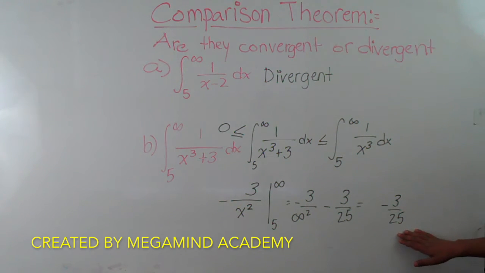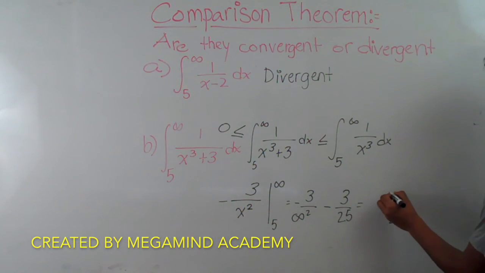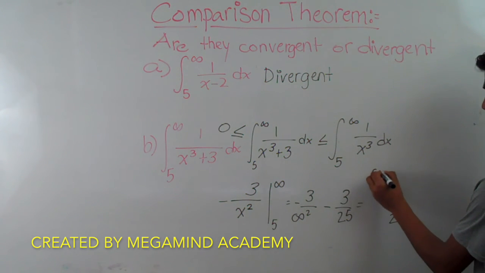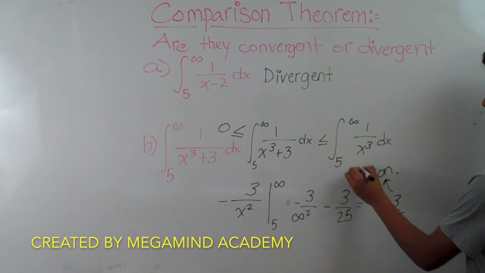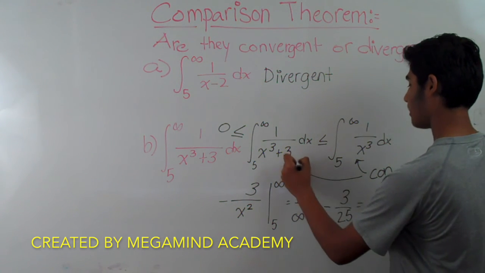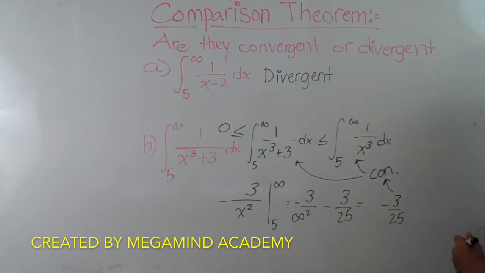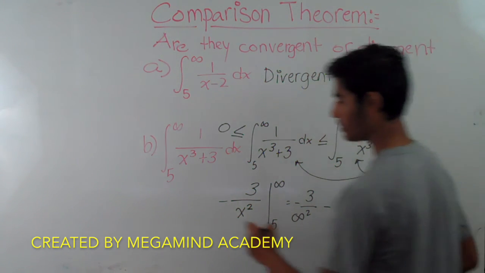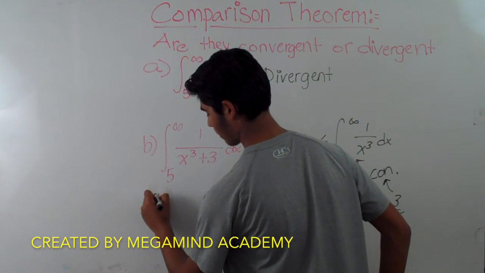Because this is a finite value, that means that this integral is convergent. And because all of these inequalities hold true and this is convergent, that means that this is also convergent. So the answer to problem B is convergent.